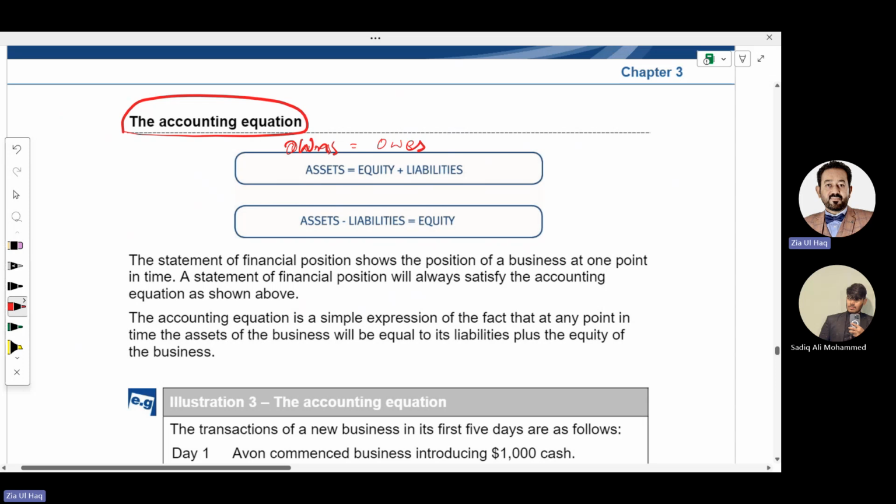We have seen in the balance sheet, all asset balance must be equal to equity plus liabilities. Or we can say asset minus liability is equal to equity, because if we transfer this liability to the other side, it's adding on this side, so on the other side it will be deducting. Assets is equal to equity plus liabilities, or assets minus liabilities is equal to equity.